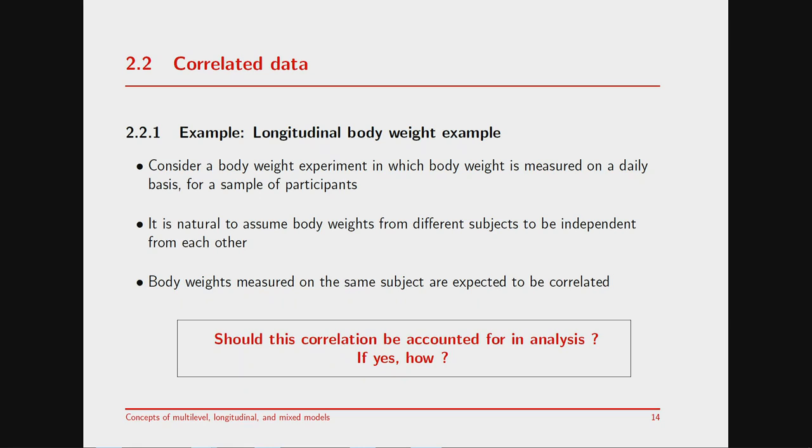So we do that all the time, using models that do not really fit the structure of our data set, and we still get valid results. So maybe the same thing happens here. So maybe, if we are fortunate, we can use the same tools as before for cross-sectional data. We can use them in a context where we have correlated data, and we're still fine. So the first question is, should this correlation be taken into account in our analysis?